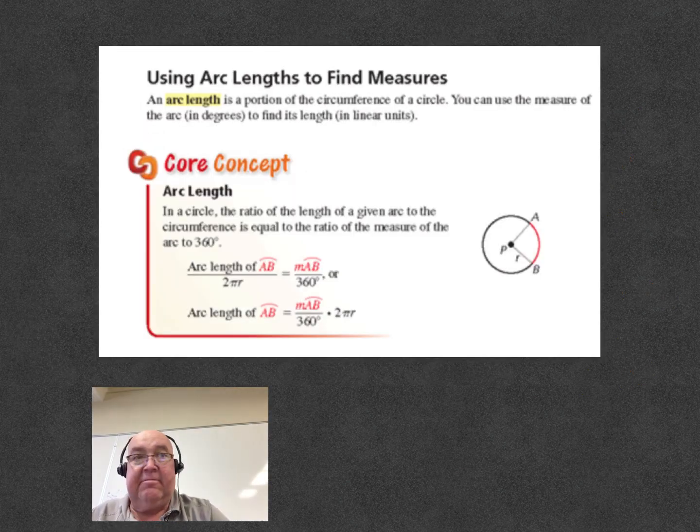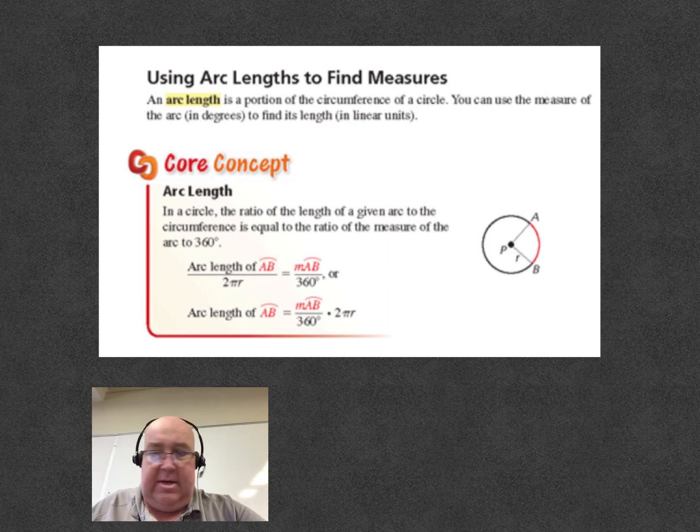Going on, here we're given the formula: the arc length of a segment divided by 2 pi r is equal to the ratio of the segment to the total circle. Or to find the arc length, put the measurement of the arc over 360 and multiply by 2 pi r. So here we go with an example.